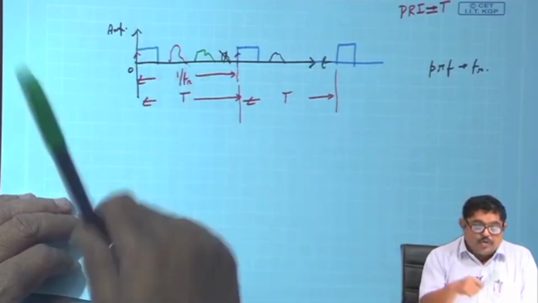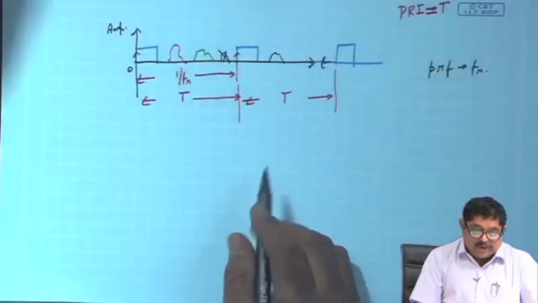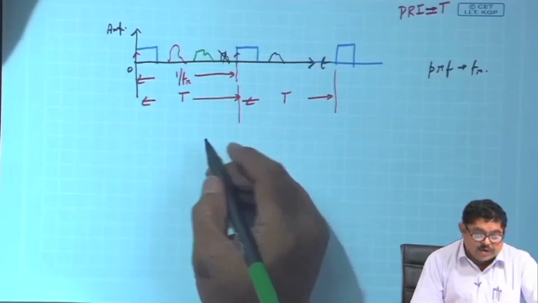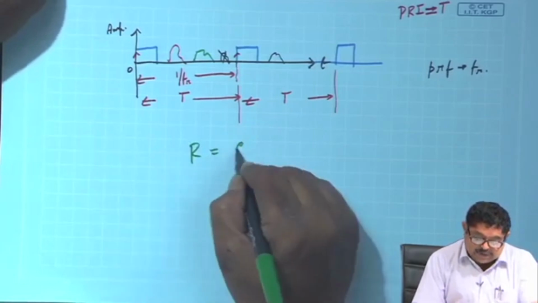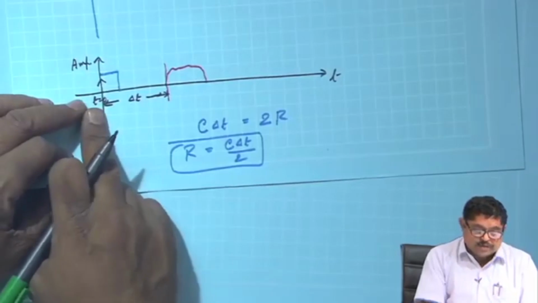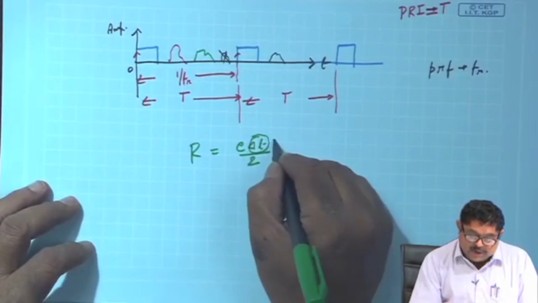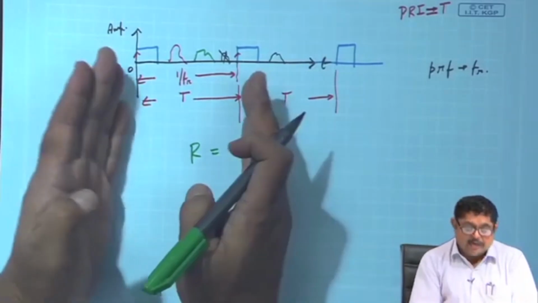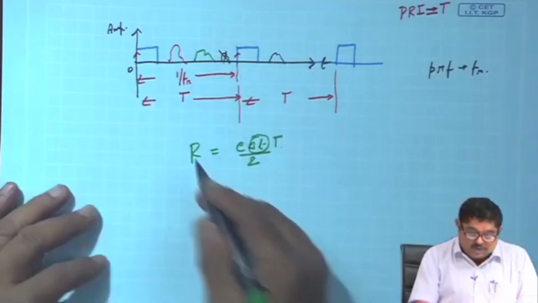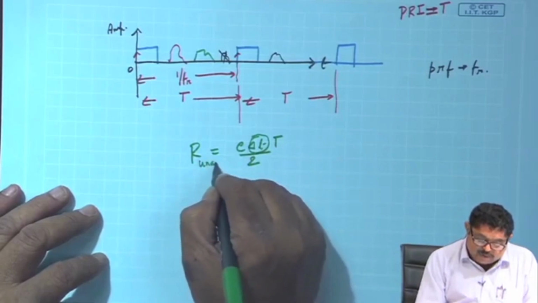So, now can I answer what my unambiguous range is? What is that equation? R is C delta t by 2, where delta t is the time between the transmitted pulse and the received echo. If this delta t I replace by T, that means the PRI, that is the maximum possible, and then this becomes unambiguous.